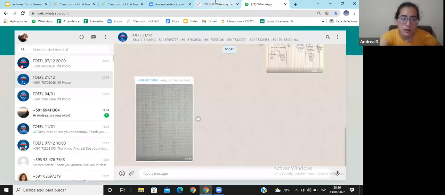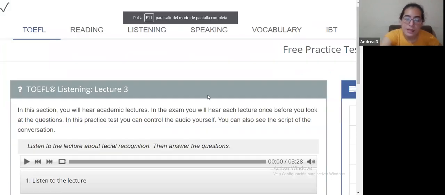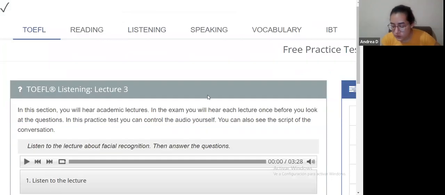Okay, in the meantime, while you send them, before we take a look at the notes, let's talk about what the lecture was about and how it was organized. So can anyone tell me what it was about, how the professor organized the information, what exactly you saw about facial recognition? Anyone?